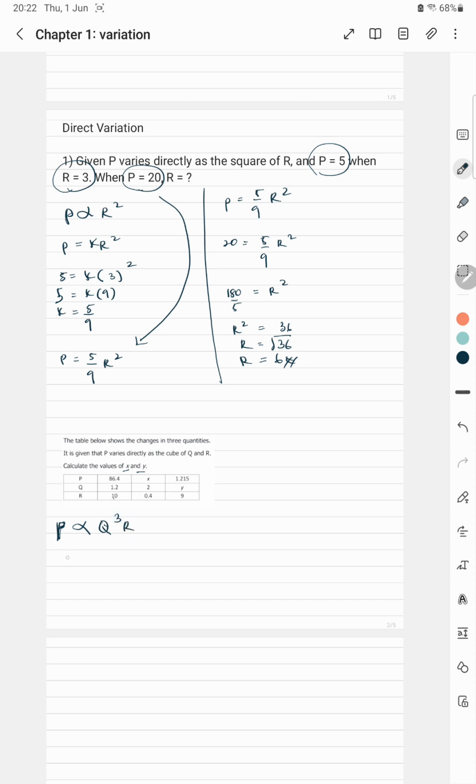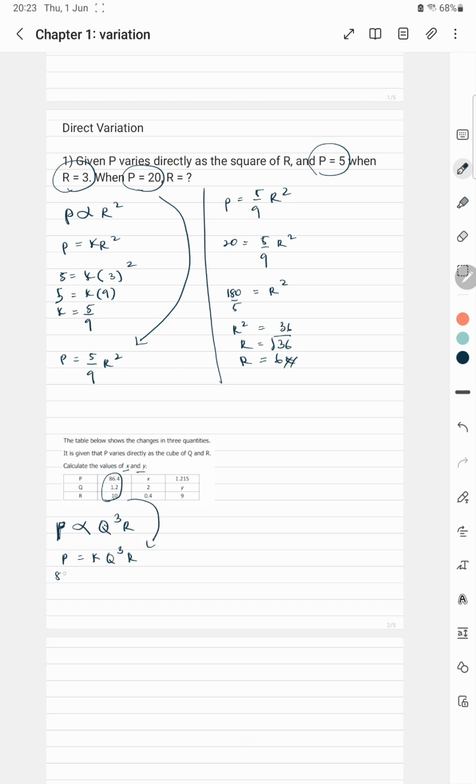Now we change it into the equation form: p equals k times q cubed times r. We substitute these values to find the k value.